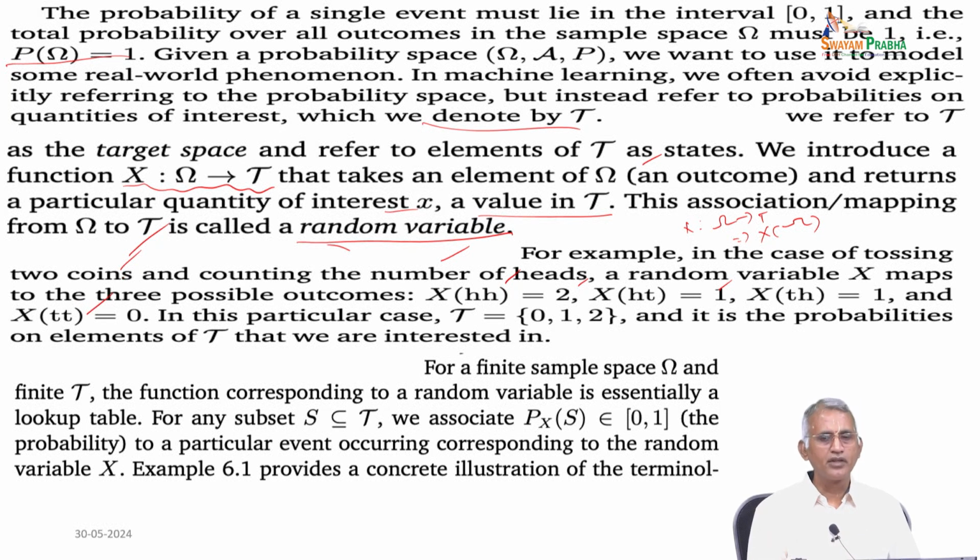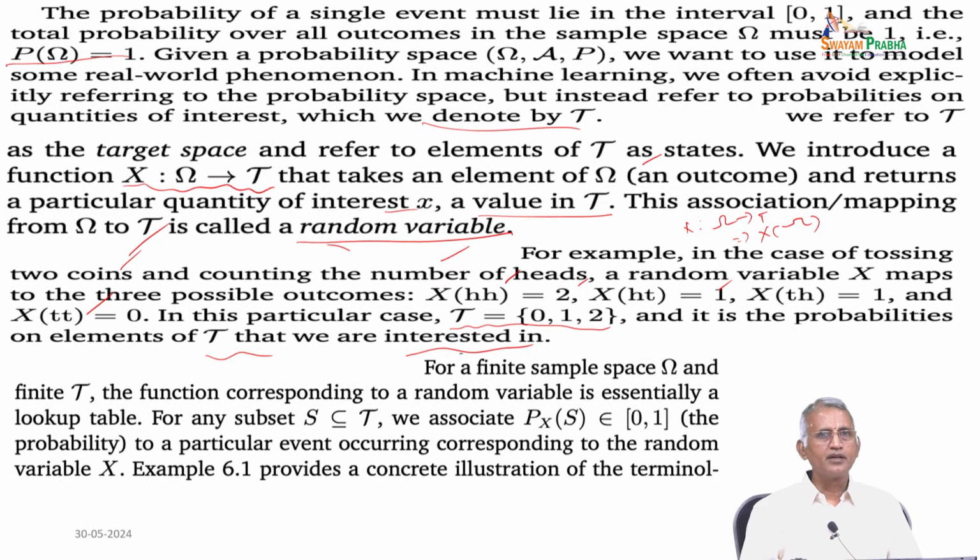So, in this particular case the T values are 0 heads, 1 head and 2 heads. This is the possibility of the element T we are interested in. This is the meaning of a random variable corresponding to the function.